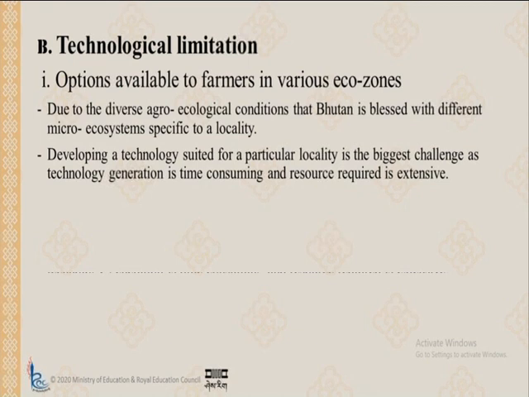Developing a technology suited for a particular locality is the biggest challenge, as technology generation is time consuming and the research required is extensive. As we have 6 different ecological zones in our country, developing accordingly with regard to the locality is quite expensive and also quite time consuming.